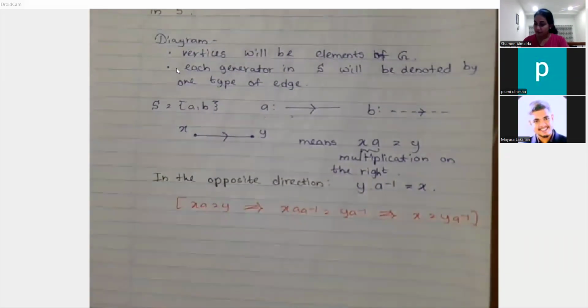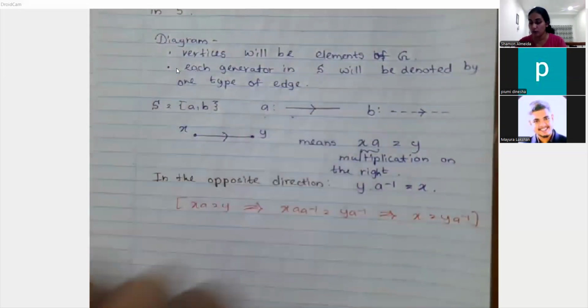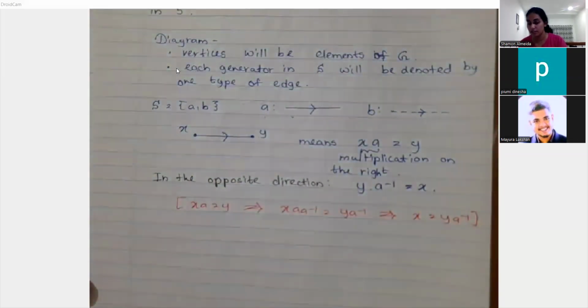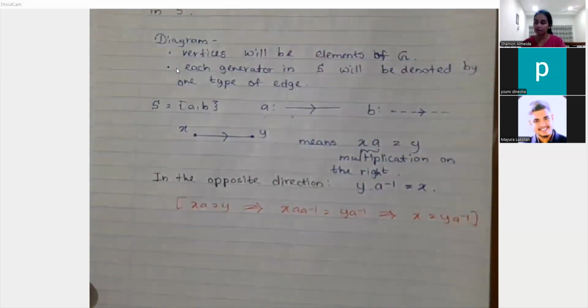Okay. Now, what happens if a generator is its own inverse? In this case, A in this direction gives you A, the other direction, A inverse. This direction for B, the other direction, B inverse. What if the inverse is the element itself?